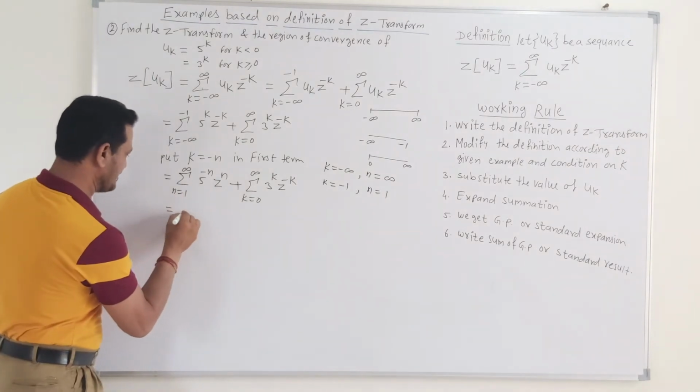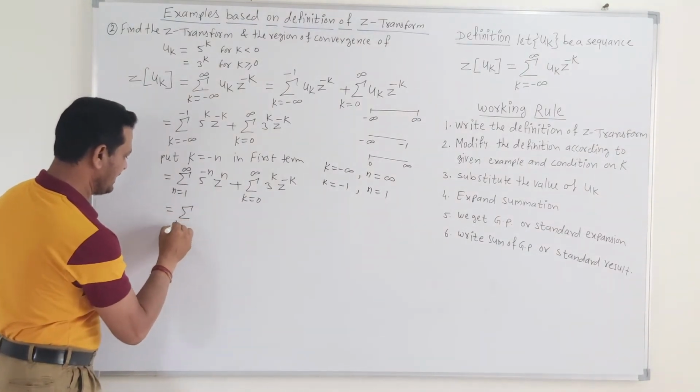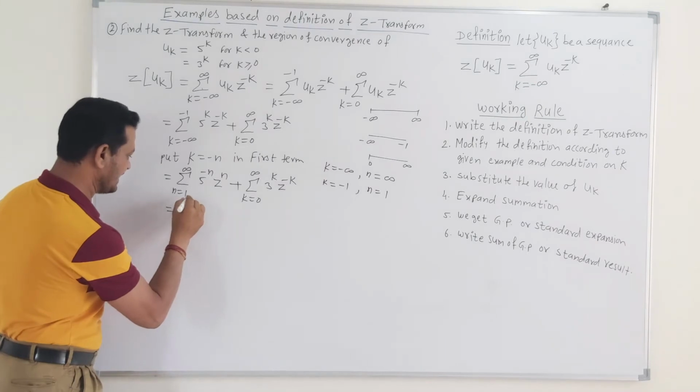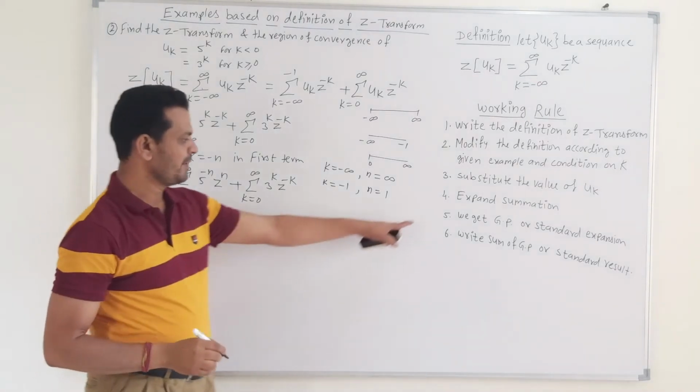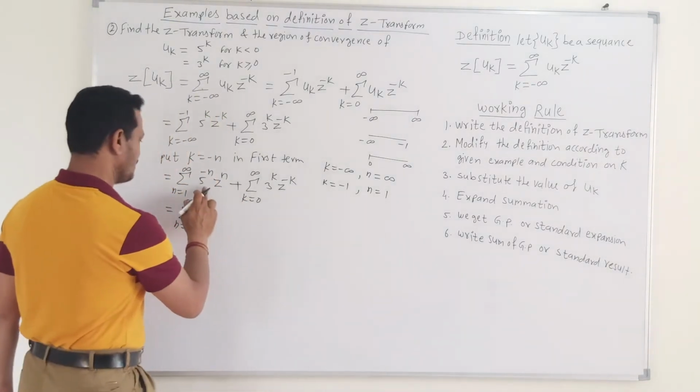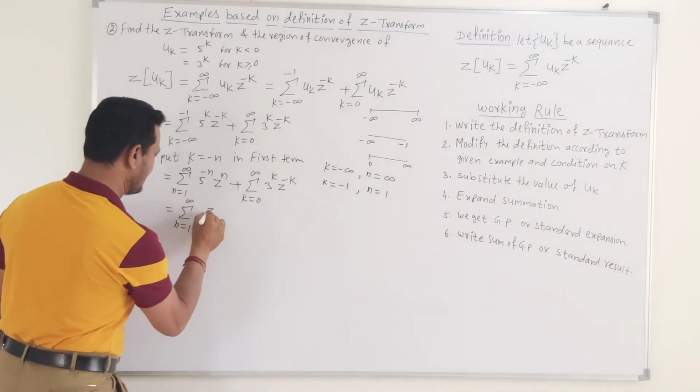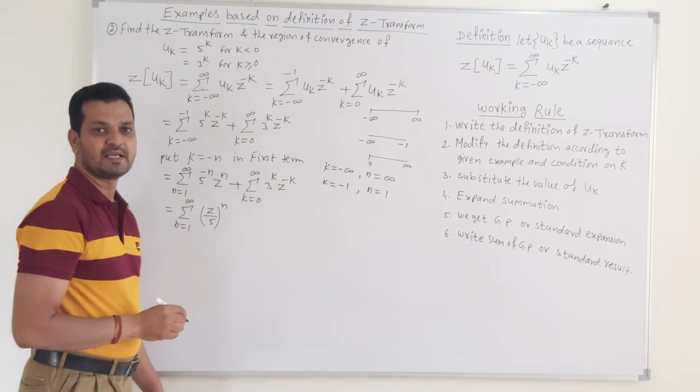So for expansion of this summation sign, just simplify this so that we can easily expand this and get the geometric progression of this summation sign. So to get the geometric progression, we can write this as z upon 5 raised to n for our simplicity.